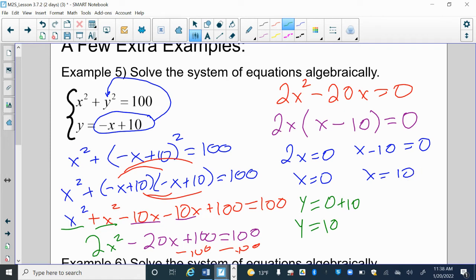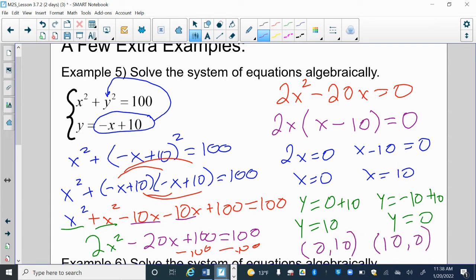And then if we put in 10 over here, y equals negative x, so negative 10 plus 10, we get y equals 0. So our 2 points, the ordered pairs that are our solutions, are 0, 10, and 10, 0. So those are the 2 intersection points of this circle and this line.